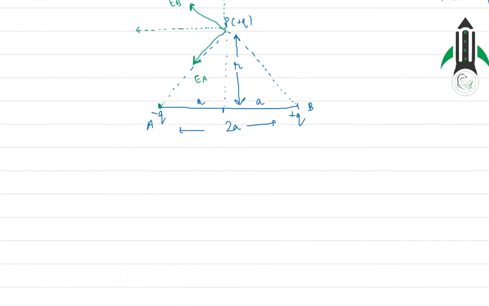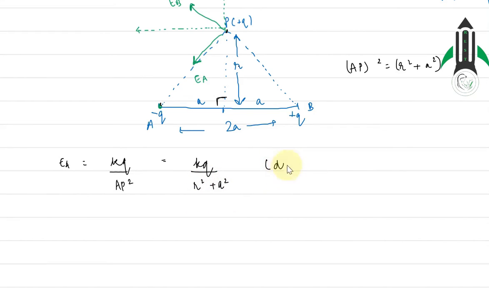So now electric field due to charge at A will be equal to KQ upon AP square. And what is AP? As we can see, this is a right angle triangle and AP square is equal to r square plus a square, Pythagoras theorem. So KQ upon r square plus a square.